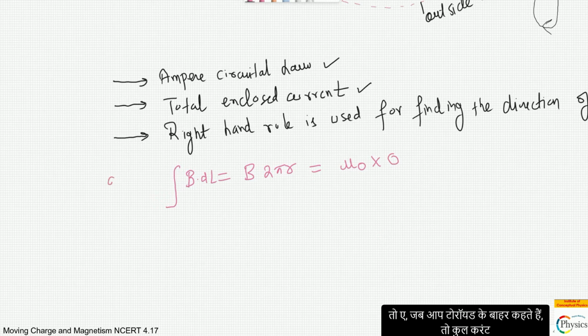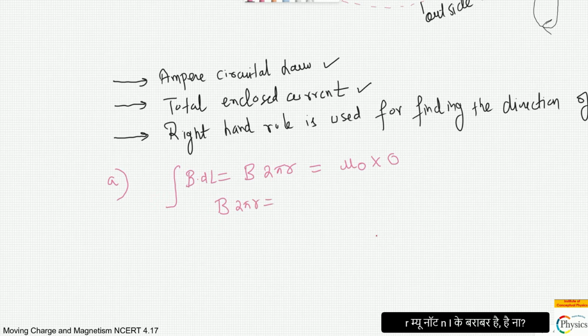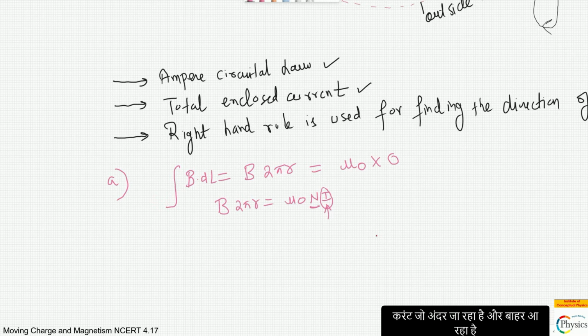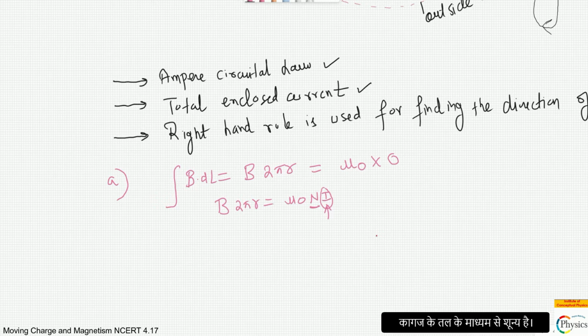So when you say outside the toroid, the total current enclosed, as per the law, B 2 pi r is equal to mu naught N I. N is the number of loops, I is the current, but the total current enclosed is zero, because outside, the current going inside and the current coming outside through the plane of the paper cancel.